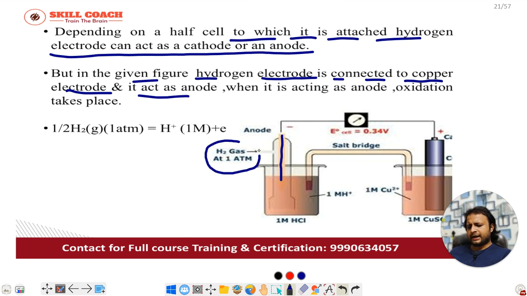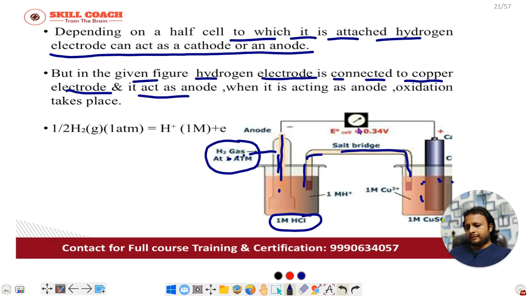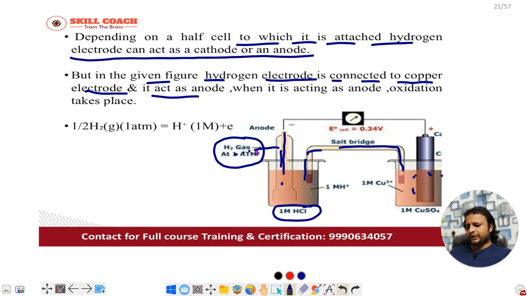H2 gas at 1 atm pressure enters here at 1 M HCl, and this is again a salt bridge like a galvanic cell, and this is the CuSO4 solution. And at the anode we know oxidation takes place.